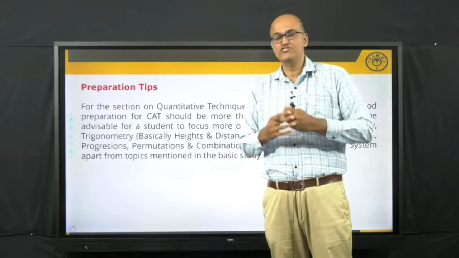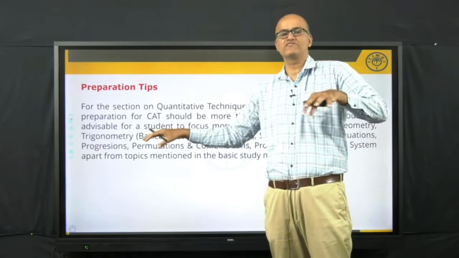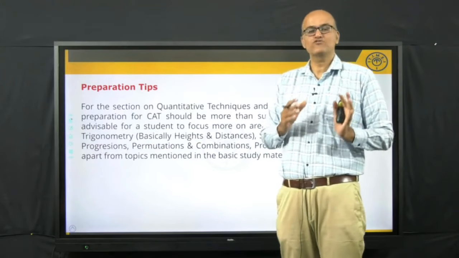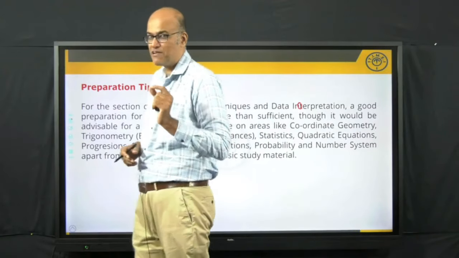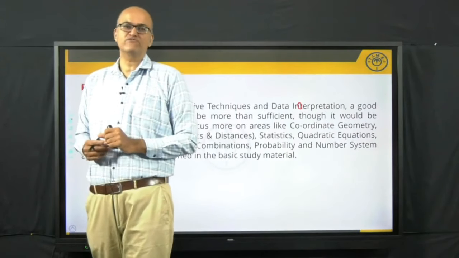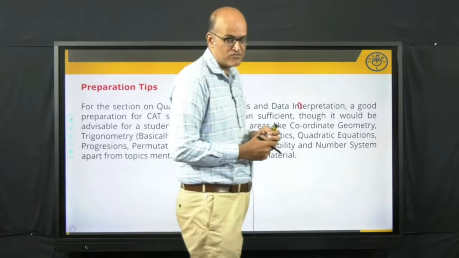Do focus on these chapters. Now, does it mean questions will only appear from these chapters? Not really. But in the past, quite a few questions have appeared from these chapters. So you have to prepare for every single chapter that is there in the TIME study material. But having said so, you should not ignore any of these chapters.